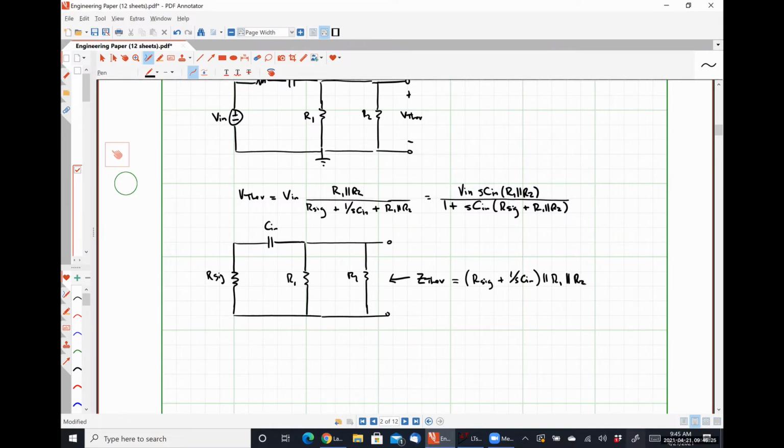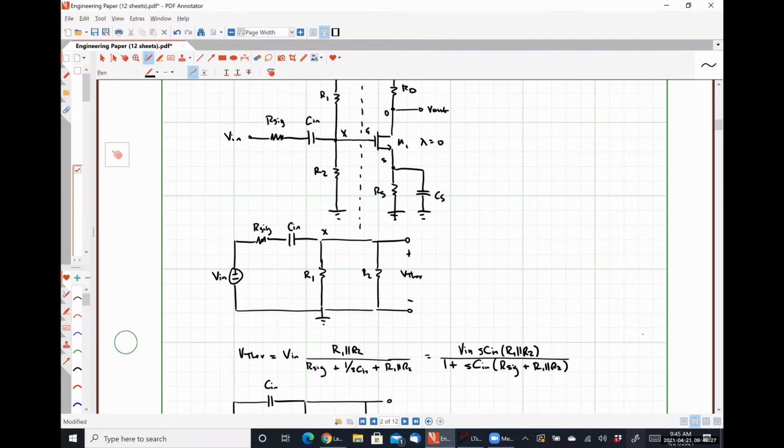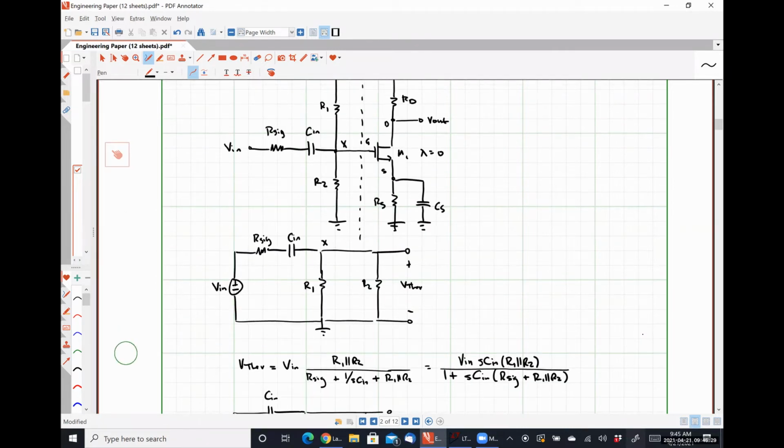Like so. All righty, we can also simplify our degeneration stage. And by that, I mean we can pretty easily see by inspection that between node S and ground, we just have an impedance that is RS in parallel with CS.